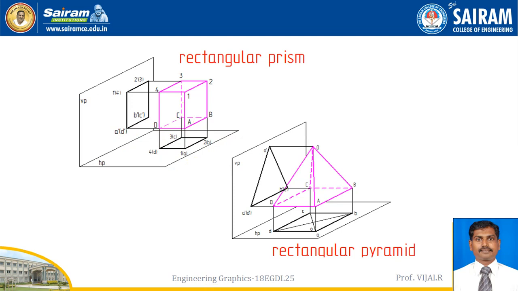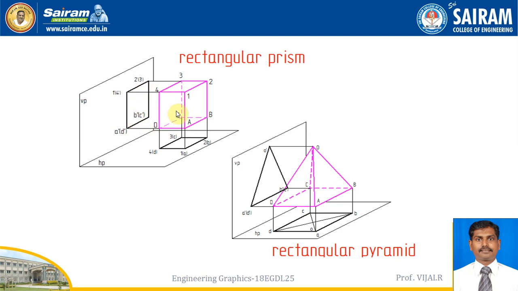So now imagine that the rectangular prism and the square prism are here. This is the object and the observer is looking from here. The edges, the lines are getting projected orthogonally. The shape what we can see here and what is hidden, all the things we have to mention in this.